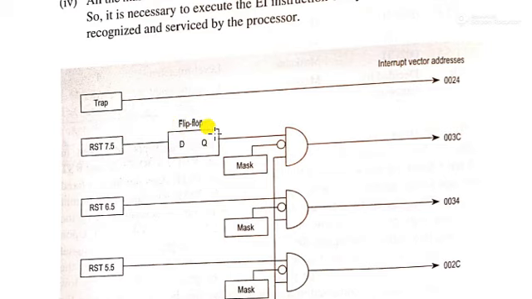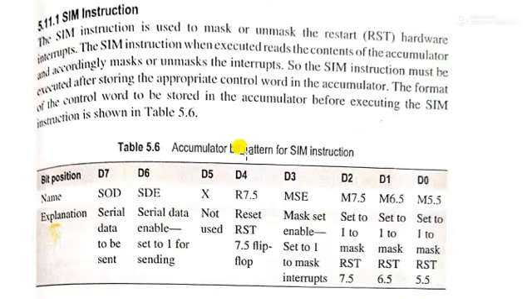No need to go into details, just remember that RST 7.5 works on an edge-triggered flip-flop. That's why an extra flip-flop is used to mask RST 7.5, and that's why the extra D4 bit is for RST 7.5. If it is 0, that means RST 7.5 is unmasked.